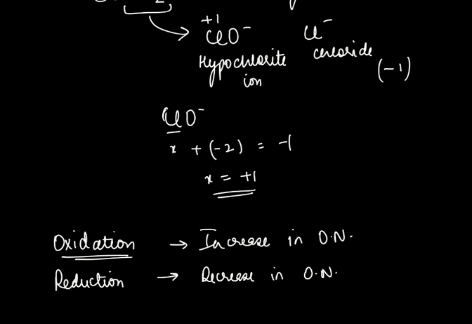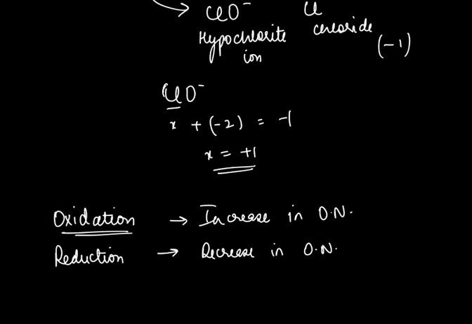So we defined three concepts for redox reactions. One is the classical concept: addition of oxygen, removal of hydrogen, etc. Or loss of electrons is oxidation, gain of electrons is reduction. That is what we call the electronic concept. And then we have this last concept, based on oxidation number: increase in oxidation number is oxidation, decrease is reduction.